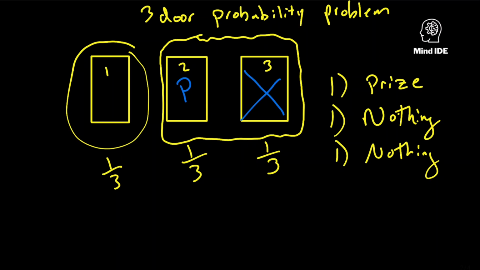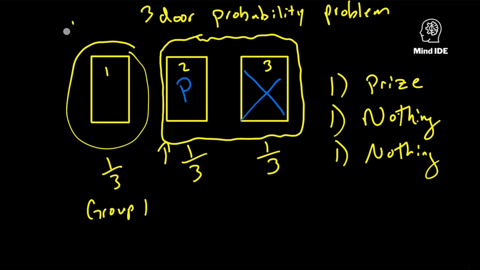But that's actually incorrect. So what you want to do is you actually want to switch to door 2. And the reason for that is because this door 1 was a 1 in 3 chance when you picked it. But the way you have to think of it is once you pick this door 1, you've separated these into 2 groups. So you have this group and you have this group.